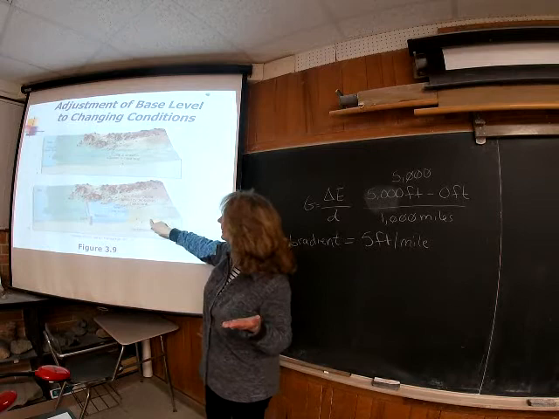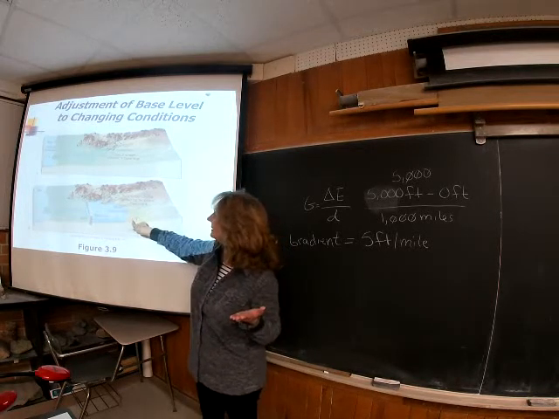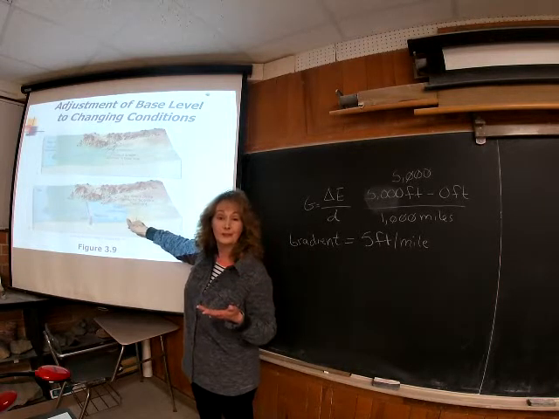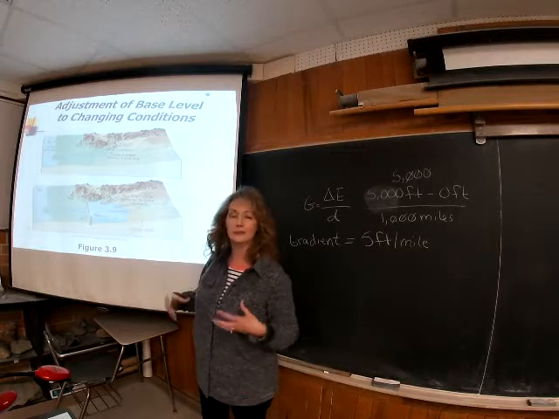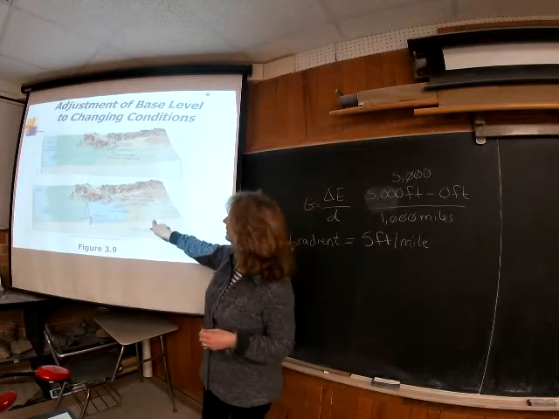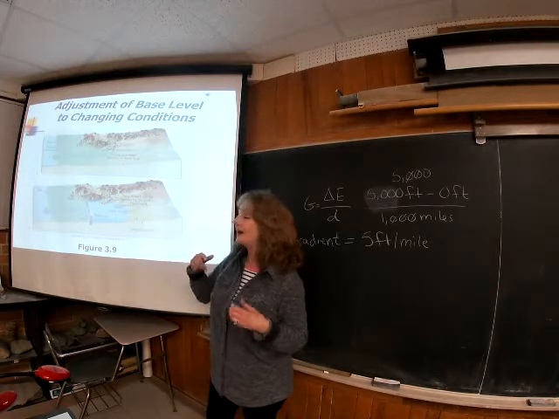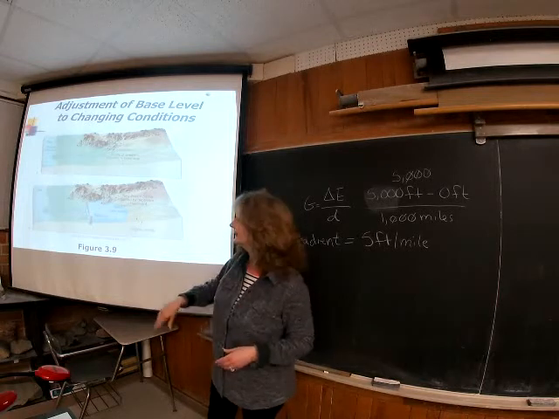So along here, the new stream is becoming formed due to deposition because the dam is slowing the flow, and then all that material that it was carrying is going to drop out because the velocity slowed down. And so it changed the level to which that stream could erode. It's depositing now towards here.